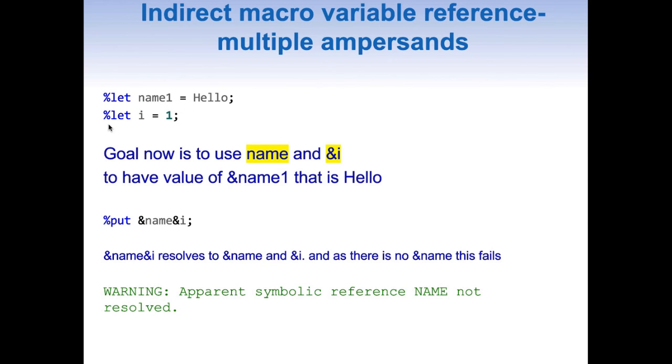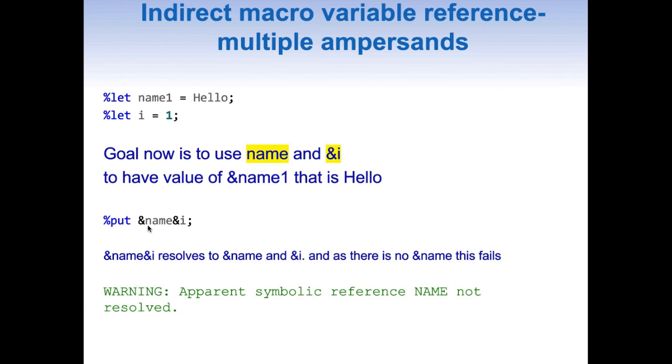Here I have another macro variable %let I equal to 1. The goal now is to use name, which is a part of the macro variable name here, and ampersand I, and we want this to resolve into this particular value hello here.